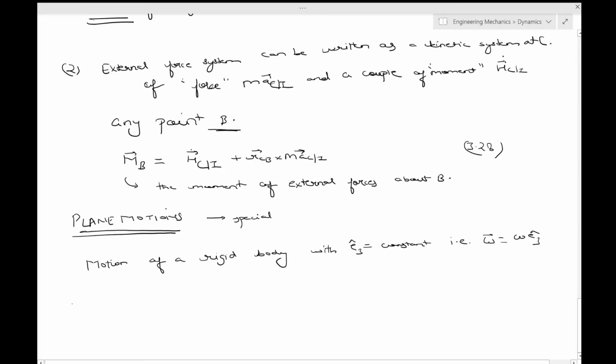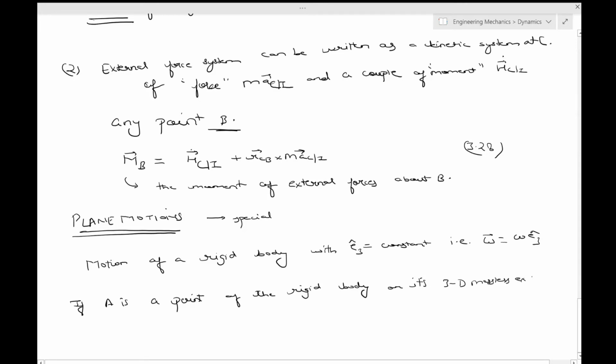So if A is a point of the rigid body or its 3D massless extension.